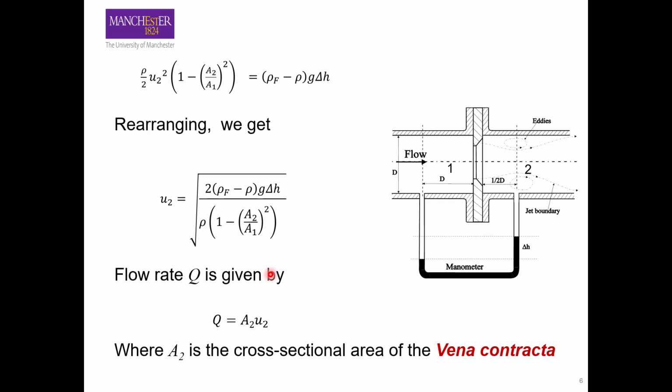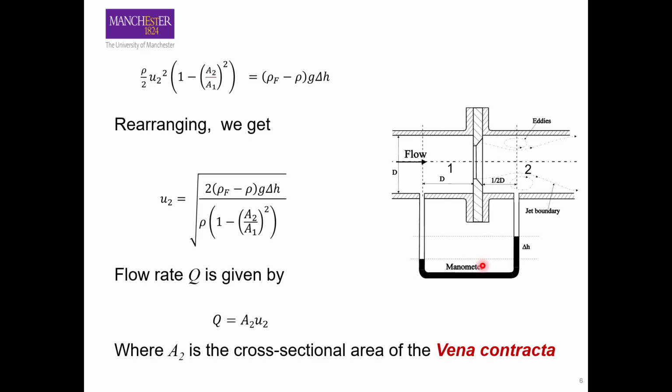Okay, and as we are more interested in the flow rate than the velocity, we can calculate the flow rate, and that is Q equal to A2 times u2, and that should give us the flow rate at the lower side of this orifice plate.